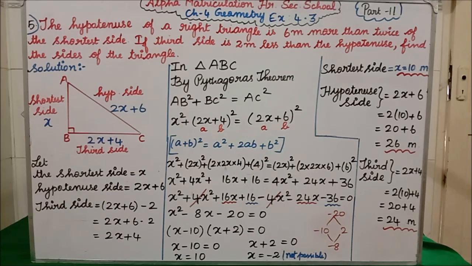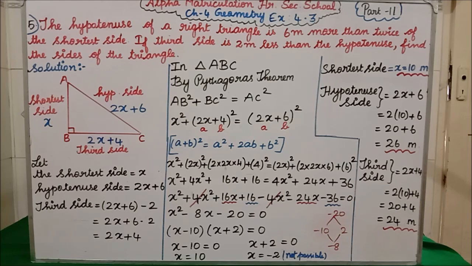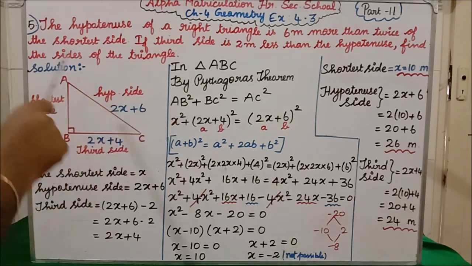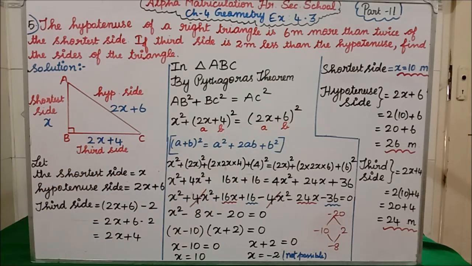What is the AB value? x, so I have written x square. What is the BC value? 2x plus 4, so I have written 2x plus 4 the whole square, equal to AC, which is 2x plus 6, the whole square.